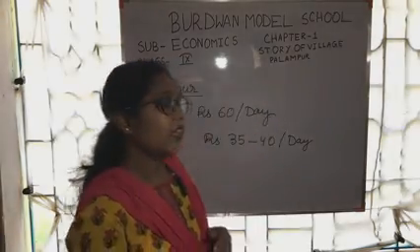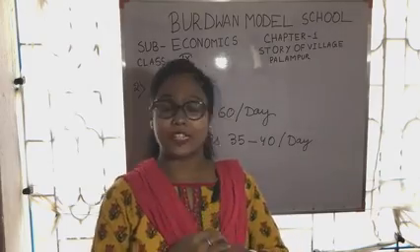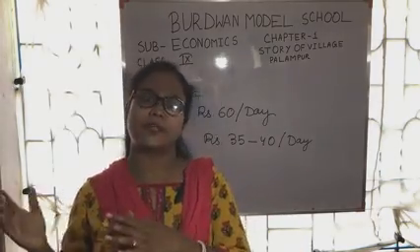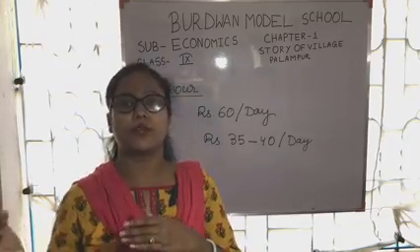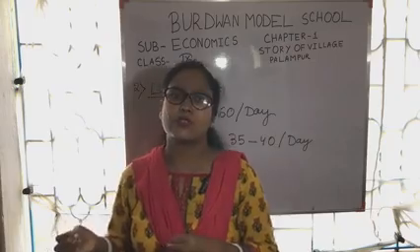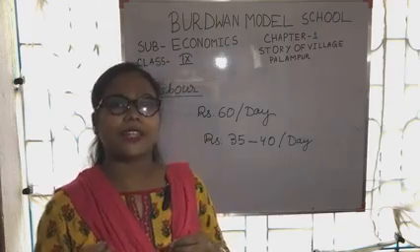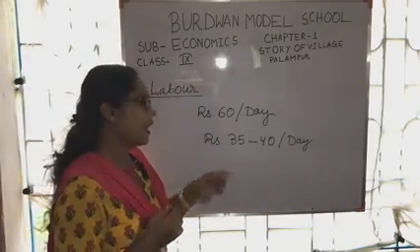But in Palampur there is huge competition between the workers, because most of the labor have a small plot of land, or no land. So there is huge competition. That's why they agree with this amount of wages.